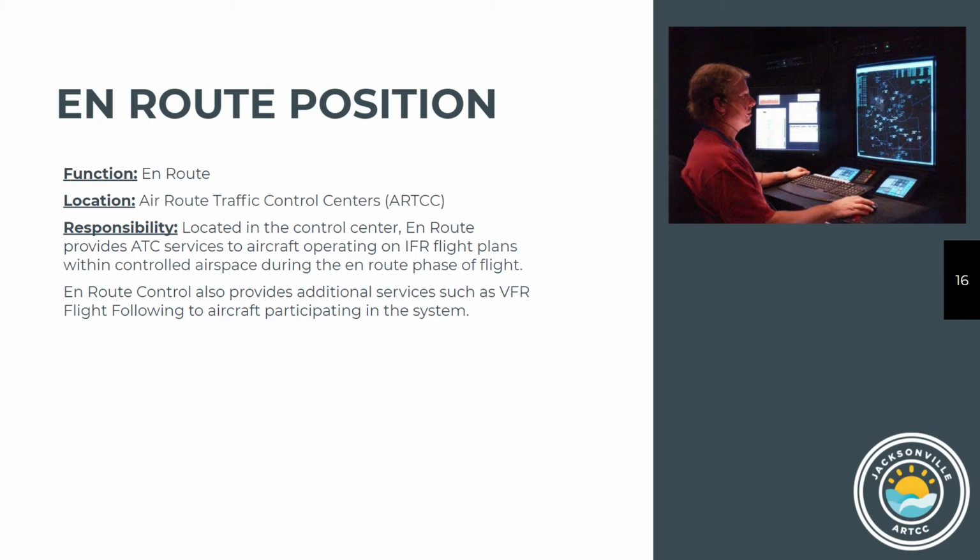They also control the VFR flight following for aircraft that are in their airspace. And we'll talk about that later. Typically, that is limited by how many aircraft are in the airspace and whether they can pick up the VFR flight following. But generally, in our VATSIM system, that's never a problem, and we can provide VFR flight following from the en route position.